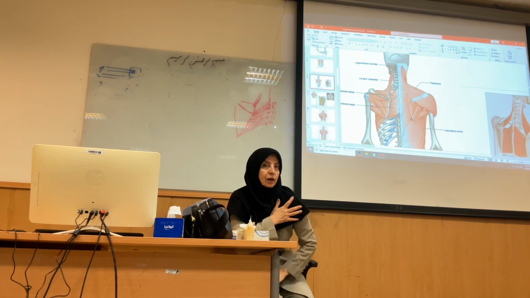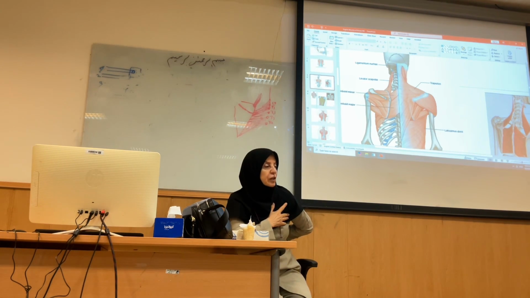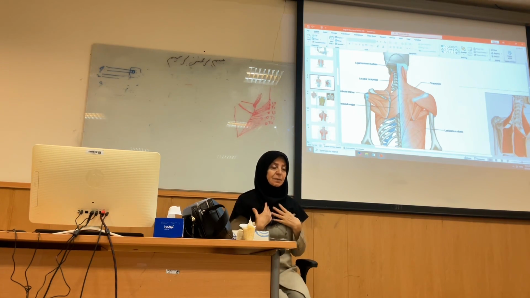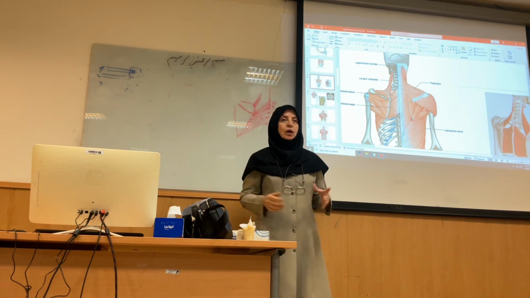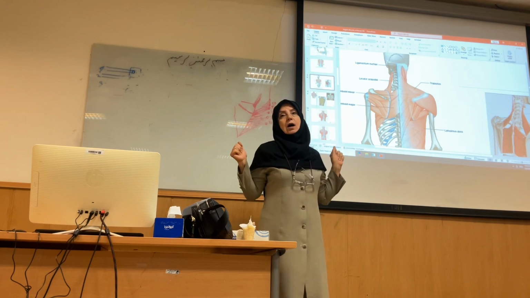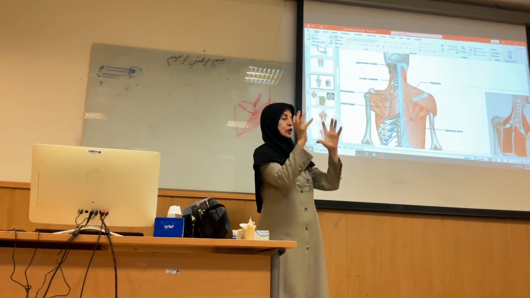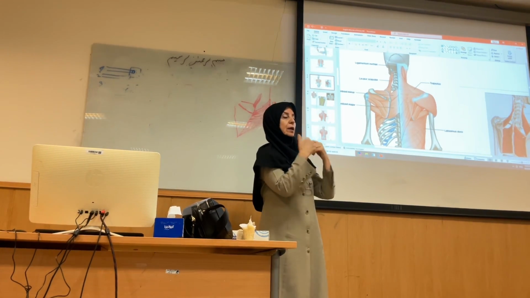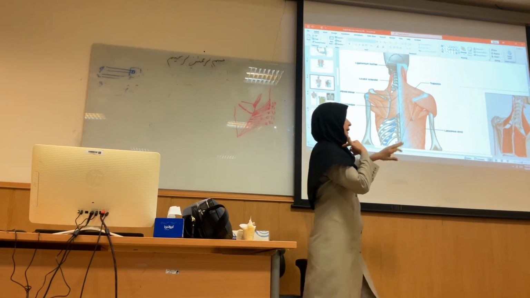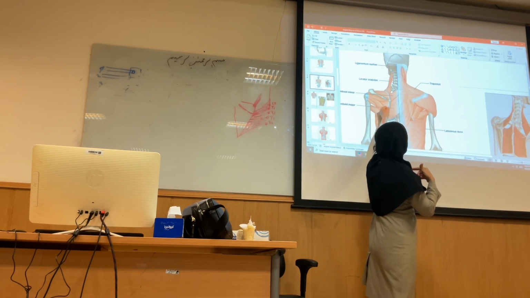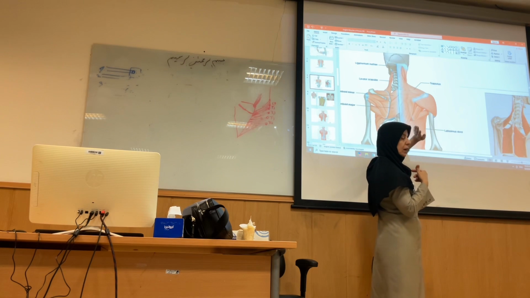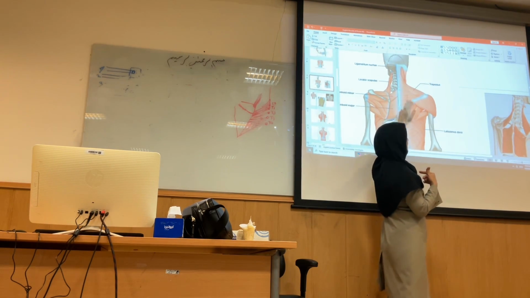You are going to make the rhomboid minor and rhomboid major weak. It is better after some time to stand up and do some exercise, contract the rhomboid minor and major, the medial border of the scapula with contraction goes near the vertebral column and elevates.